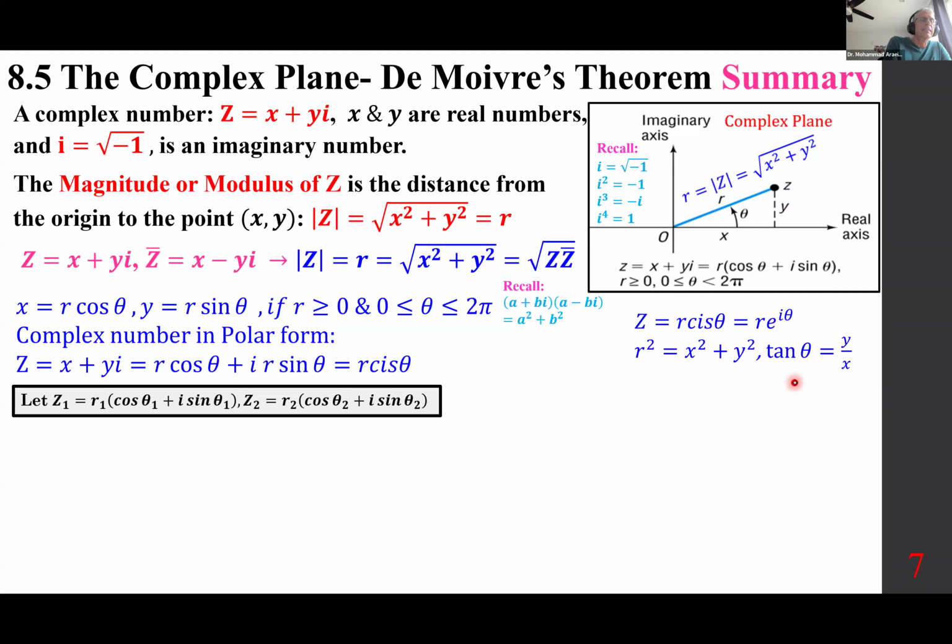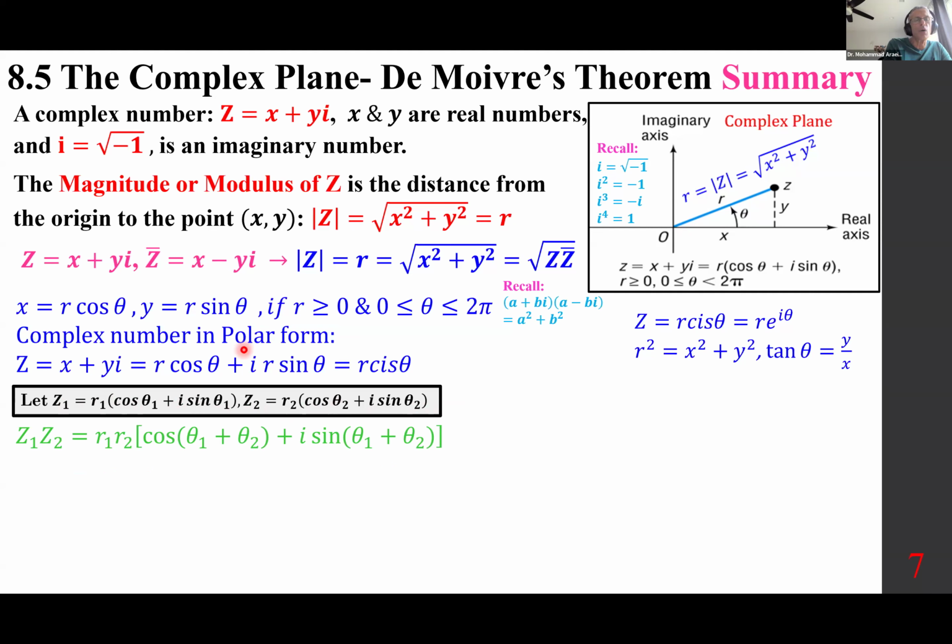Now, let z sub 1 be the first number, r1 cosine theta 1 plus i sine theta 1. z2 be r2 cosine theta 2 plus i sine theta 2. In other words, this is r1 cis theta 1, and this is r2 cis theta 2. Their product, how do we multiply?